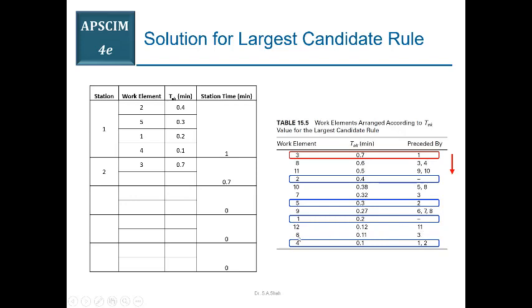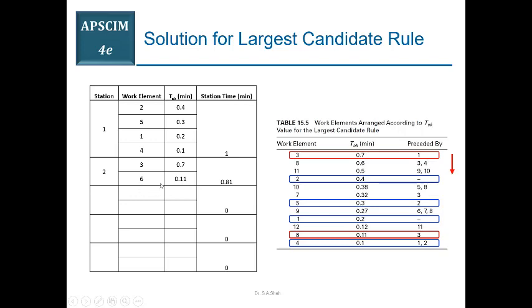Next is 6. 6 आप assign कर सकते हैं because its predecessor is 3 and 3 has been assigned to this particular workstation. So the next feasible element that we can assign to this second workstation is work element number 6. Okay?